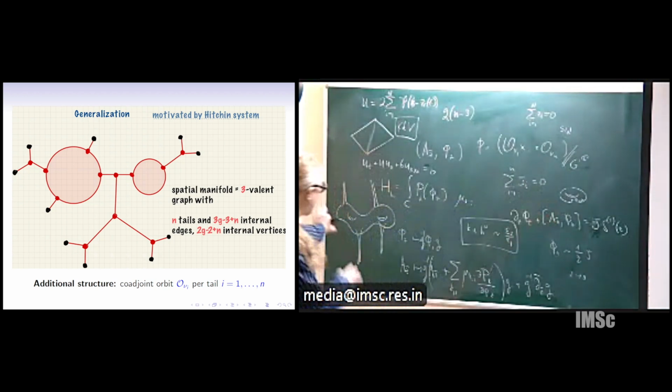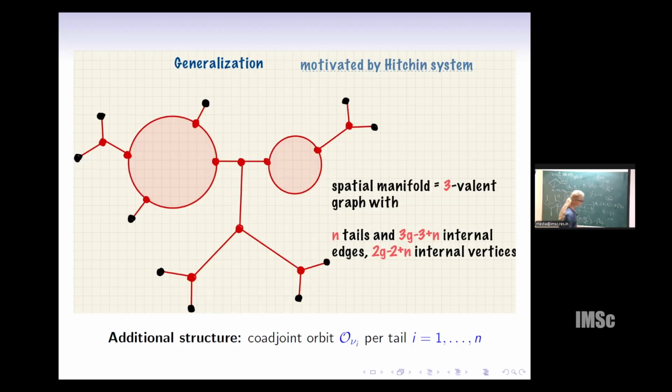It's like going from string theory to particle theory. And so I want to go back to Yang-Mills theory, but now I want to replace the simple circle, which was the space manifold, by something more sophisticated, like a graph, which I will take to be a trivalent graph.